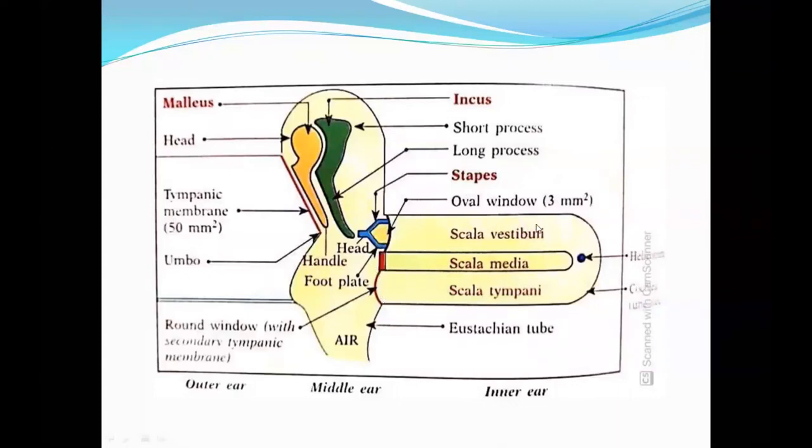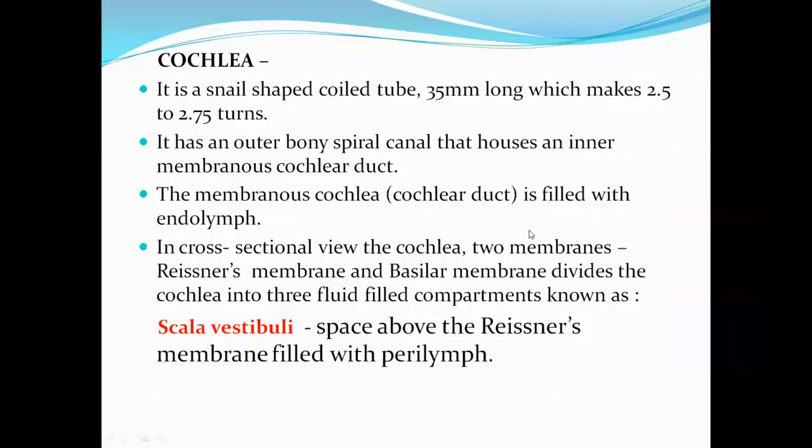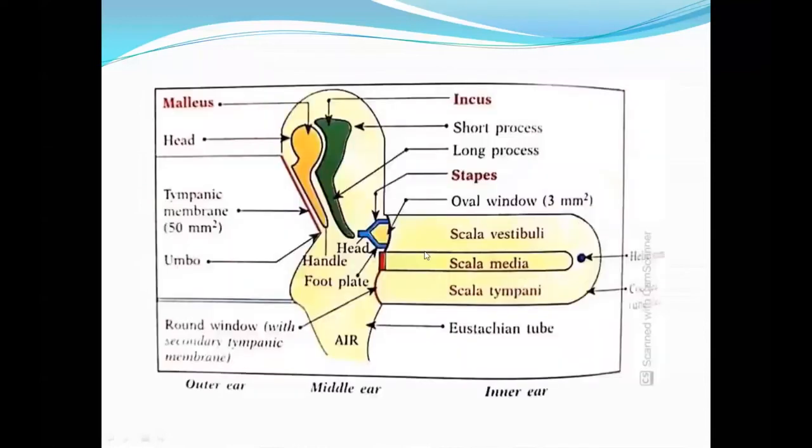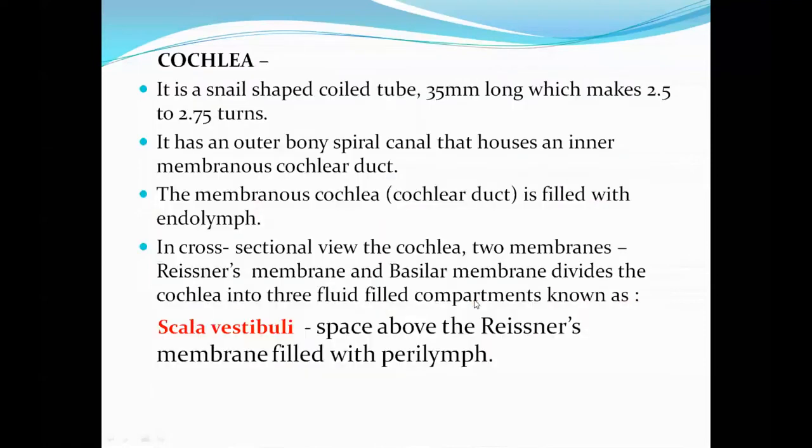The thing is, the cochlea is divided into compartments by the Reissner's membrane and basilar membrane. So these are the three compartments: scala vestibuli, scala media, and scala tympani. The scala vestibuli is a space above the Reissner membrane, and it is filled with perilymph.